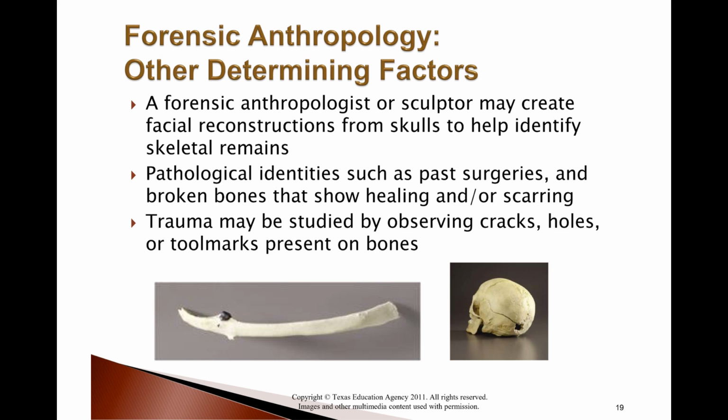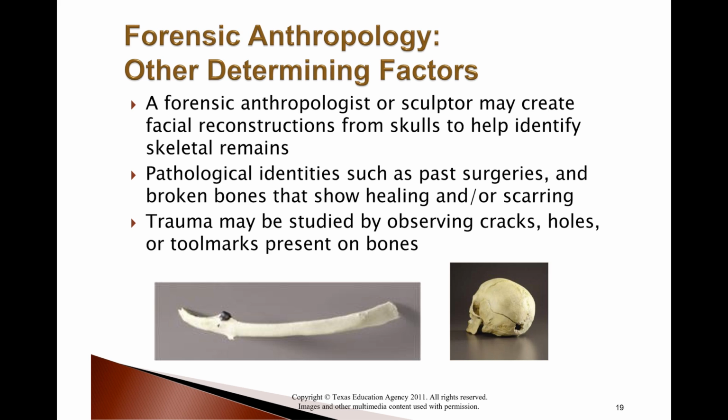It's called facial reconstruction. And that can help us to put a face to this body, or to these set of bones, and it can sometimes help with the identification if we have a vague idea of what the person could have looked like in life.